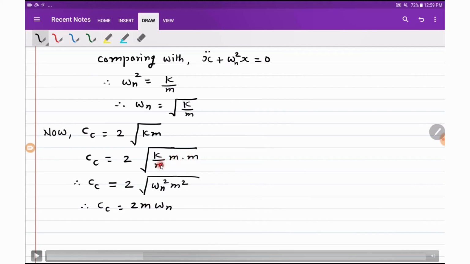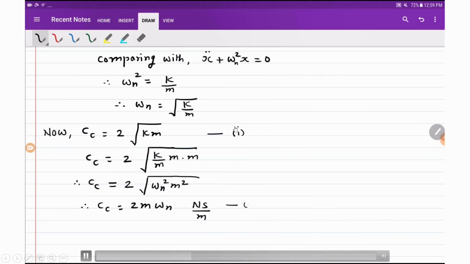Multiply and divide by m. Correct. So this k by m is nothing but omega n square, and m multiplied by m is m square. So Cc will be equal to 2 as it is, square root of omega n square and m square, which is m omega n Newton second per meter.